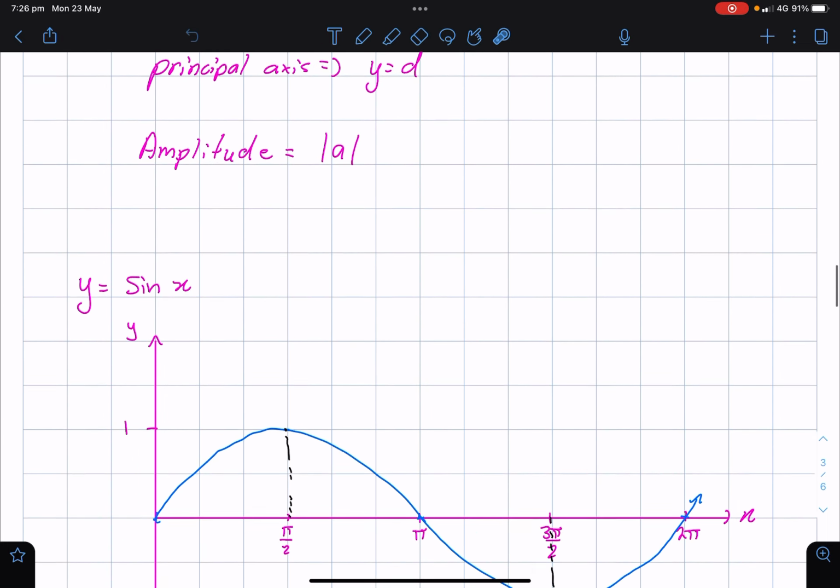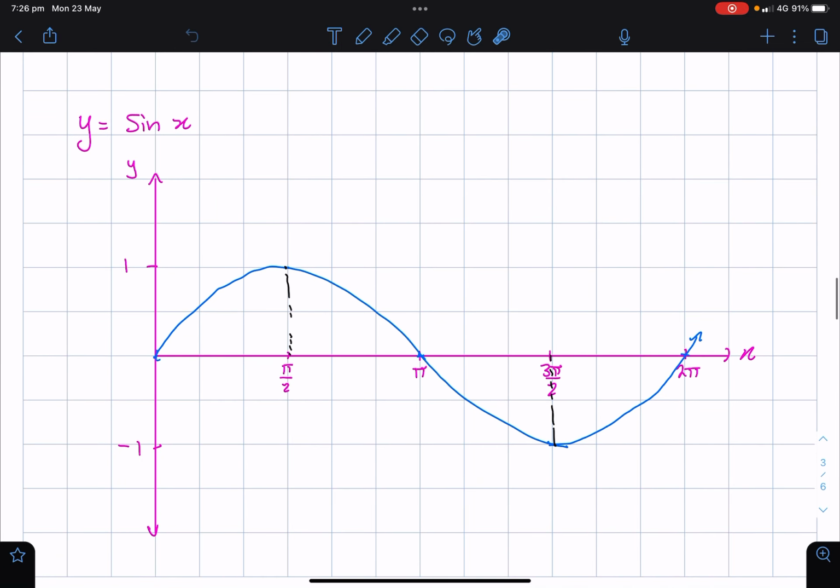This is the most basic sine function, y equals sine of x. Starting at (0, 0), it equals 1 at pi on 2, equals 0 at pi, equals -1 at 3 pi on 2, and equals 0 at 2 pi.